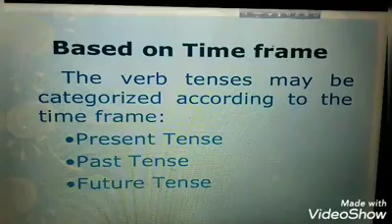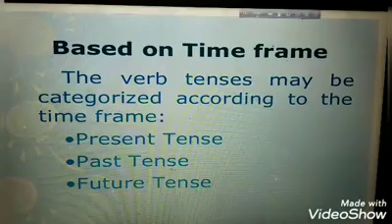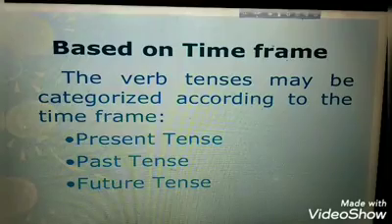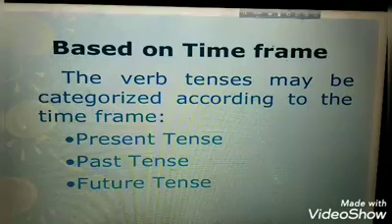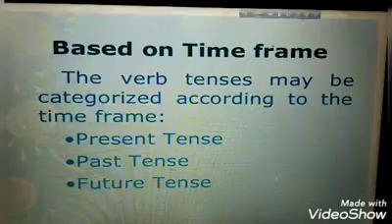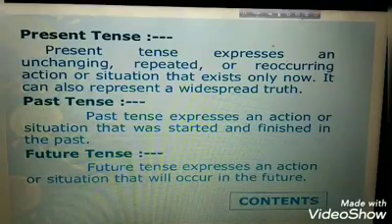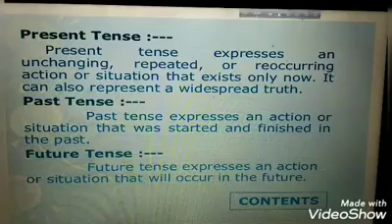So based on time frame, the verb tenses may be categorized according to the time frame. So we can categorize into three types. These are present tense, past tense, and the final one, future tense. So we'll see a glimpse of the idea of these tenses.